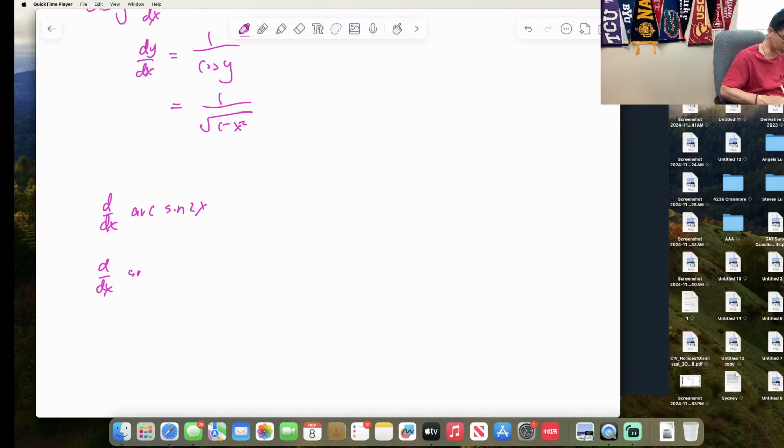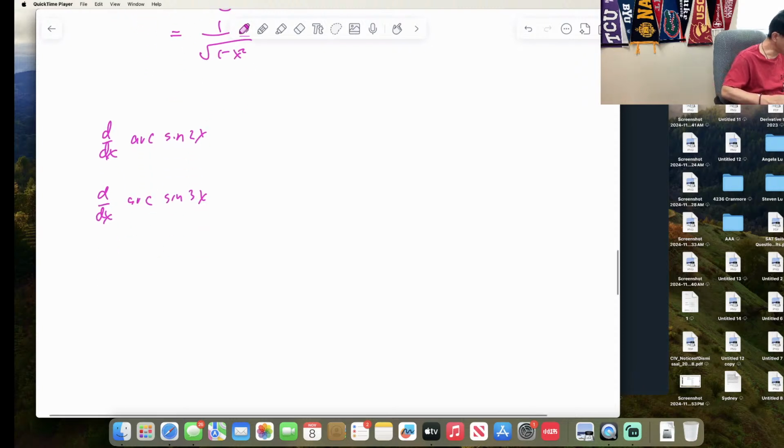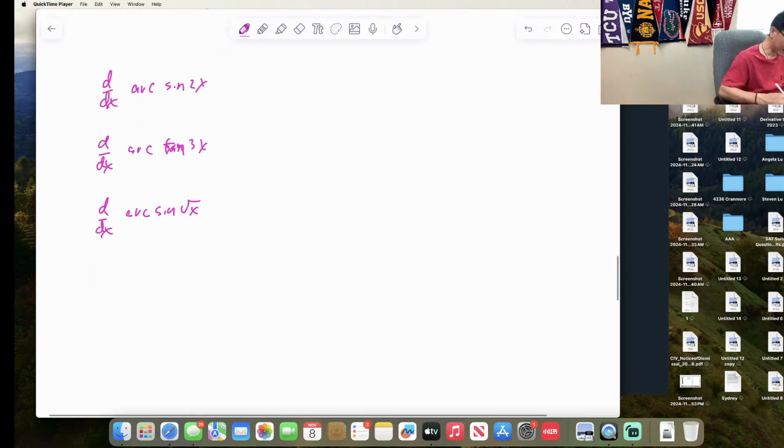It should take you no more than 20 seconds. Arc sine of 3x, arc tangent, sorry, of 3x. And what's the derivative of arc sine of root x? And what will be the derivative of arc secant of e to the 2x?